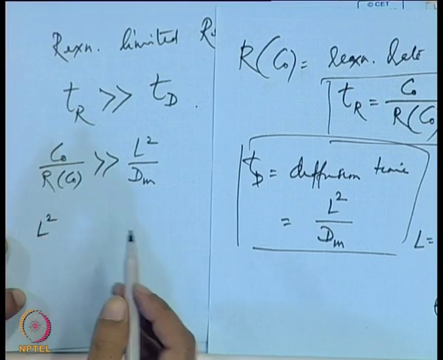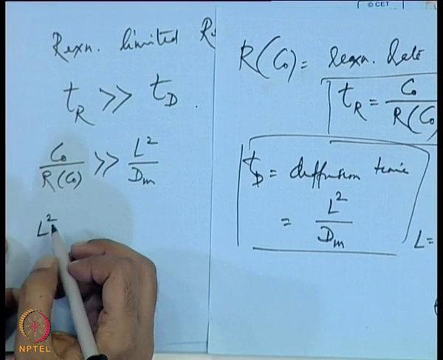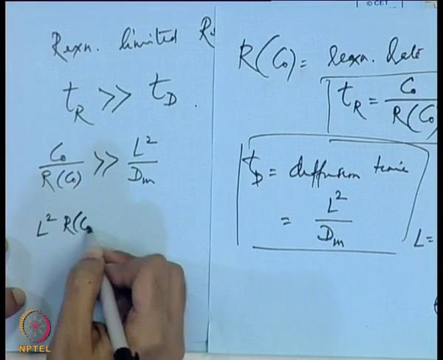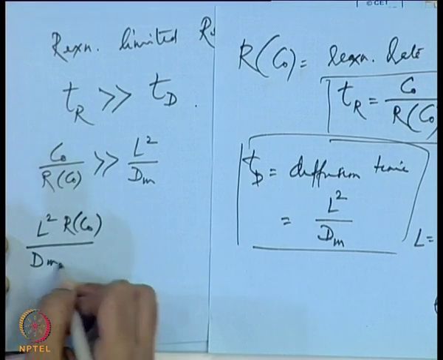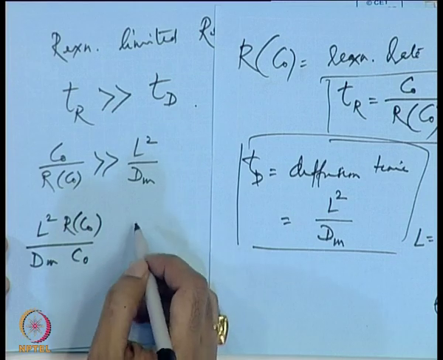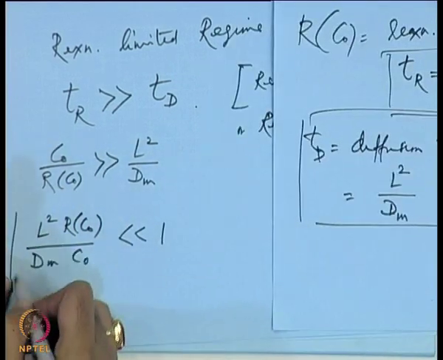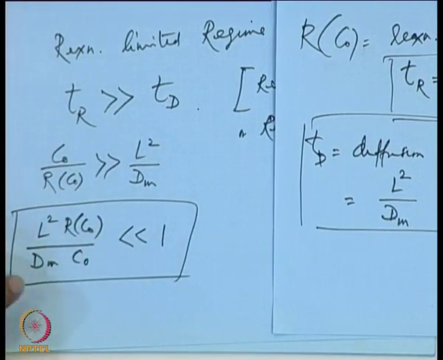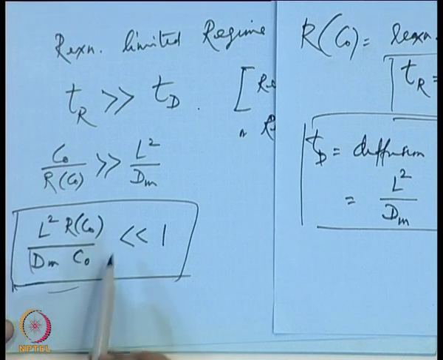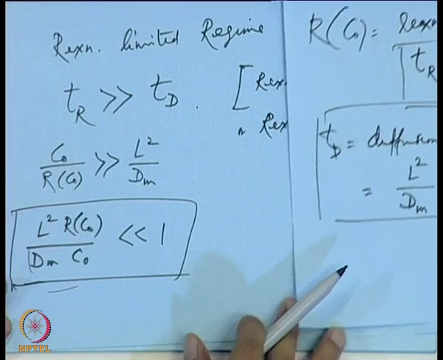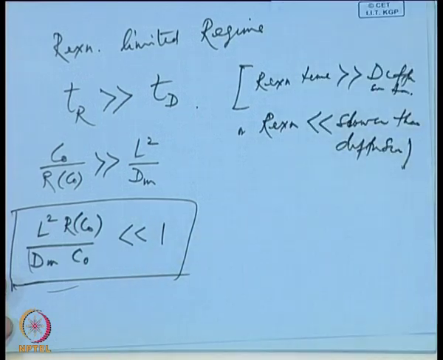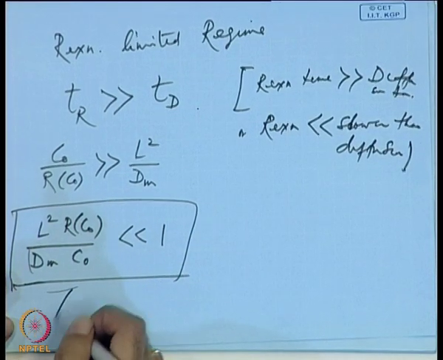So, which means L square R C naught over dm C naught is much less than 1, right. What is this? Do any of you know what this is? This is phi square.